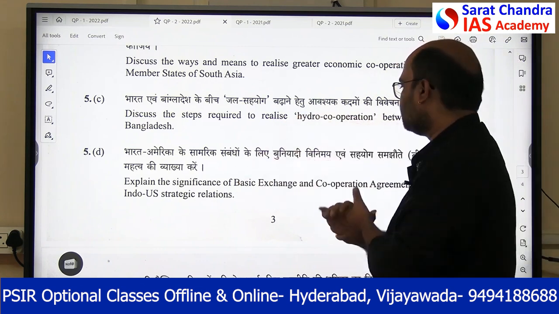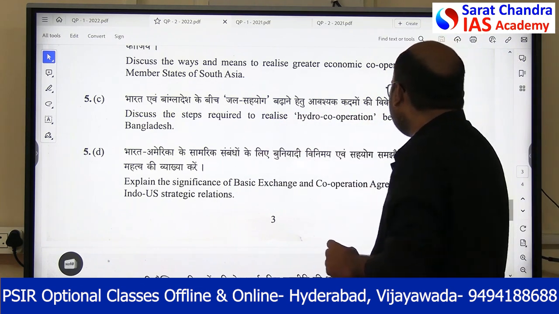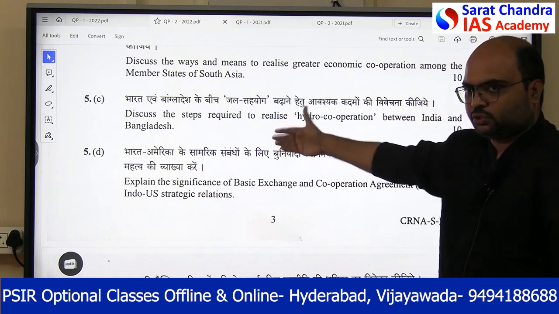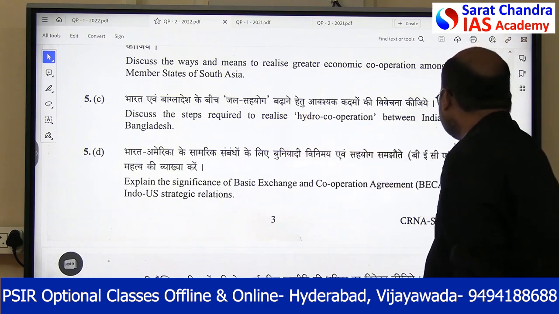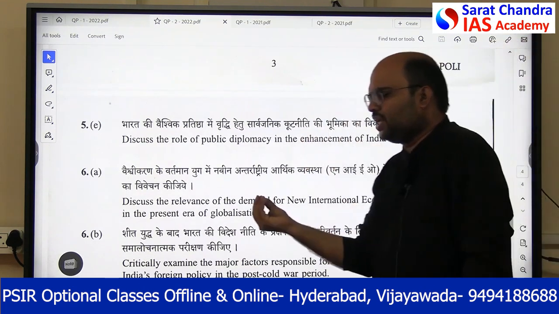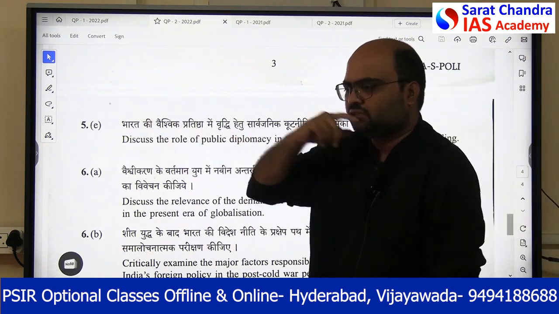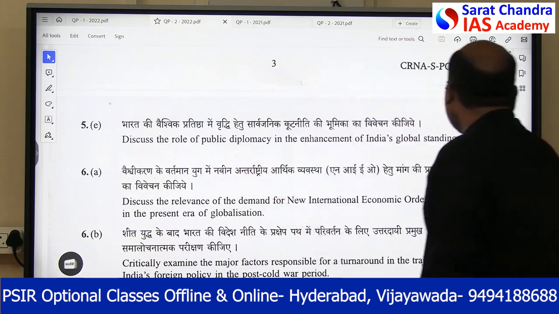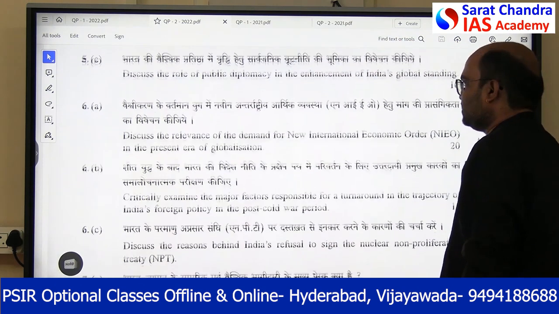Next one, the cooperation agreement for Indo-US strategic relations, which are under discussion at present. India-US relations, Indo-Bangladesh relations, Indo-China relations, Indo-EU relations: these are mostly asked or discussed.